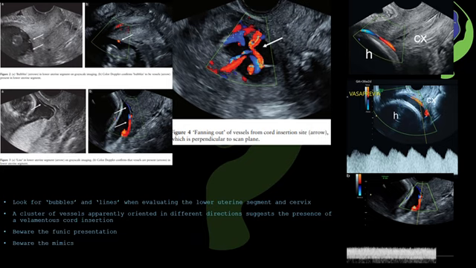Whereas, if you sample a funic loop, it will show a high velocity pulsatile waveform in synchronization with the fetal heart rate. But the vessel will move freely with the fetal movements, and in the case of a change in maternal position between scans, you can find that this funic loop also changes its position.